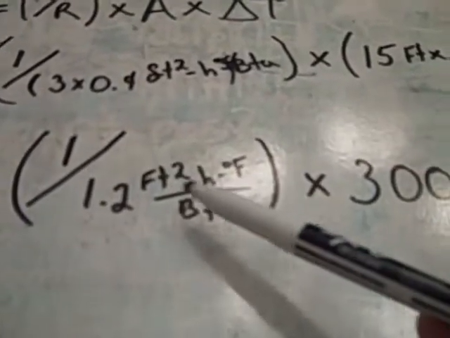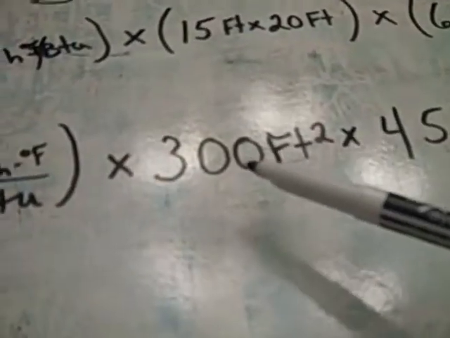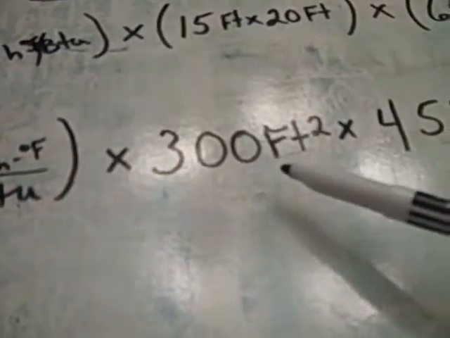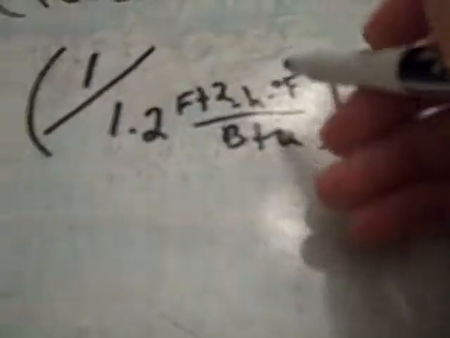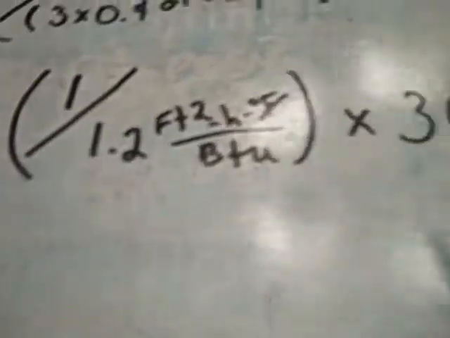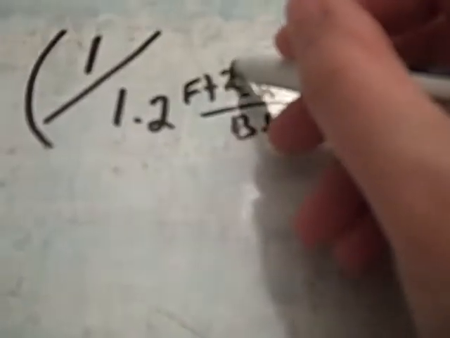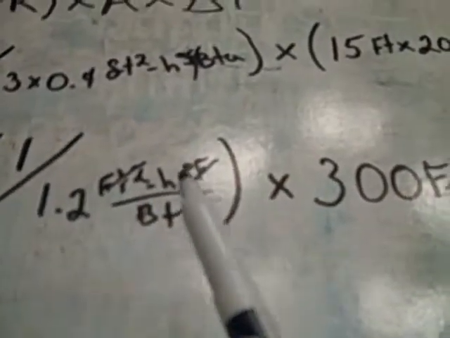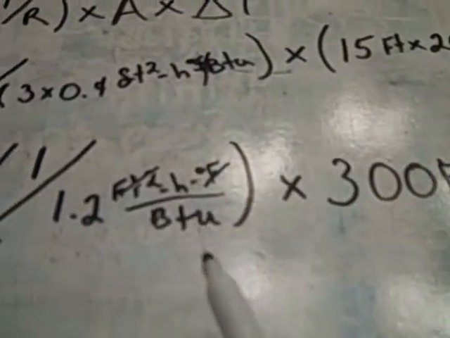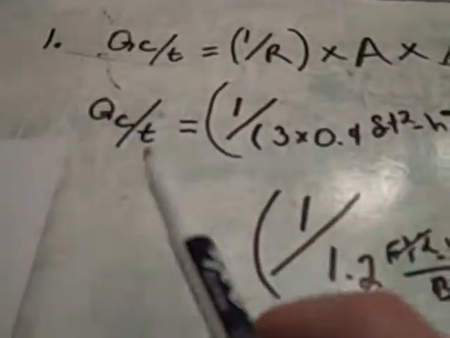and that's my R of feet squared, hours, degrees Fahrenheit, BTUs, times that by my 300 feet squared and my degrees Fahrenheit. So Fahrenheit and Fahrenheit cross out, and feet cross out. And so right now my answer when I times all these up is going to be in hours of BTUs, which will be equal to my Qc over little t.